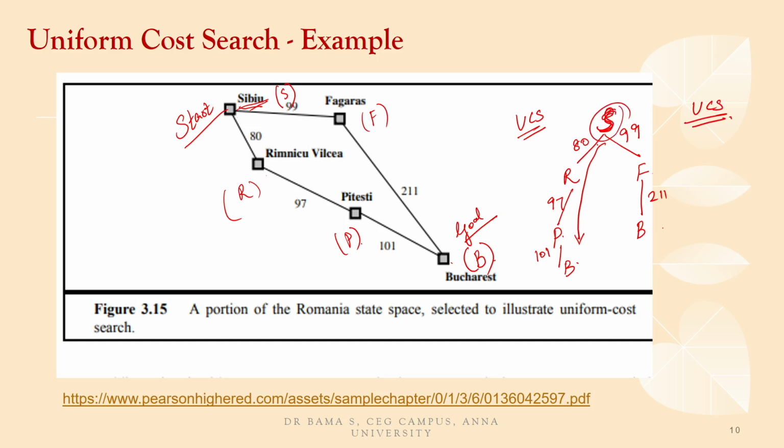Because of the priority queue with the minimum distance, at S I am going to choose 80, which is minimum between 80 and 99. So, the path will be S, R, which is 80, and from R there is no other path, so it goes to P, which is 97 from R to P, and from P to B it is 101. If we add these, it is going to be 278, and the other path is going to be greater than 300.